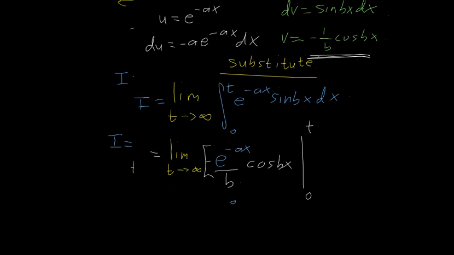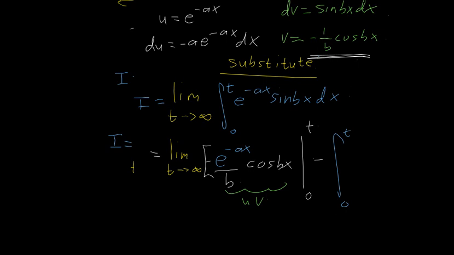Then minus, remember it's u times v, the product of u and v, and then minus the integral of v du. So minus the integral with bounds from 0 to t.